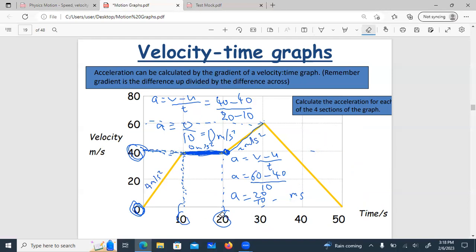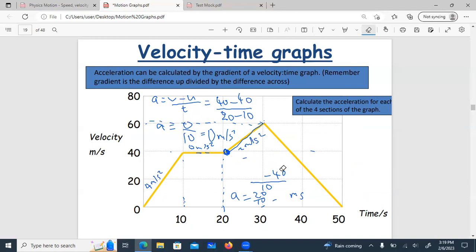Okay, so that's what we have here. The first stage of the motion, our acceleration is 4 meters per second squared. The second stage, our acceleration is 0 meters per second squared. And the third stage, our acceleration is 2 meters per second squared.